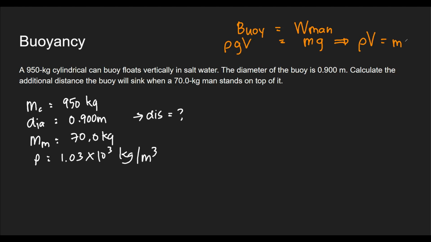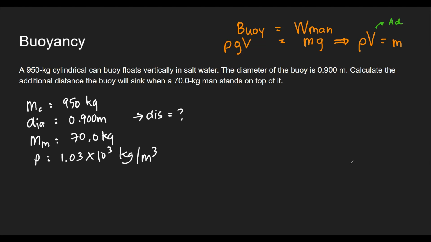Our V here is also equal to A d. V is equal to area times the distance. So we know that the distance is what we need. What do we need to do with the area? From here, I can just remove my V and have it in terms of my area and distance, but area in terms of my radius.